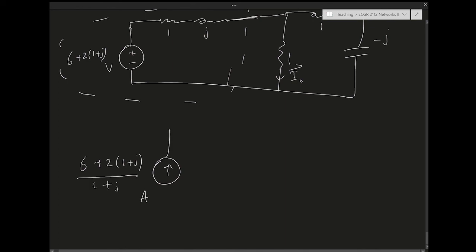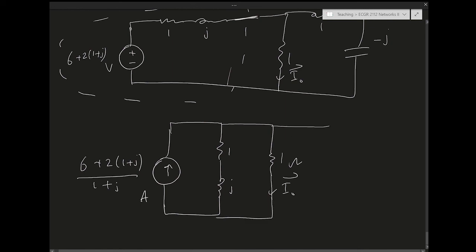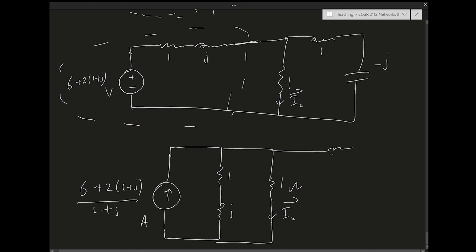This is the current source, and then the impedance is going to be 1 plus j. It's an inductor, it's positive. This is what it will look like, and then 1 ohm, and then I0, and then 1 minus j. This is a resistor.